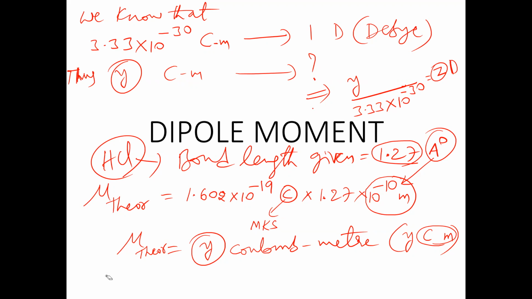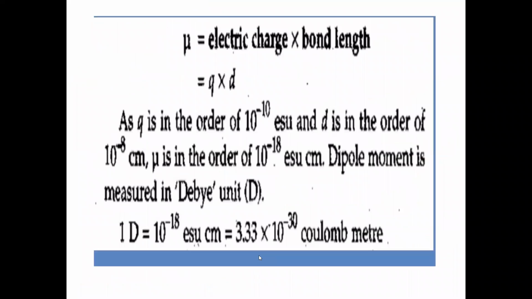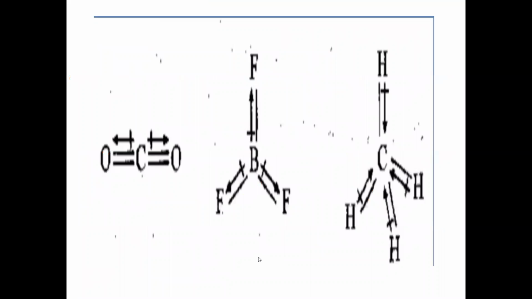Next, what is the formula for percentage of ionic character? The percentage of ionic character, what we have discussed, is equal to mu observed by mu theoretical.